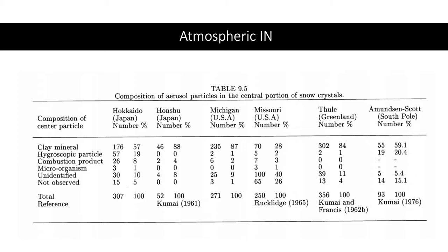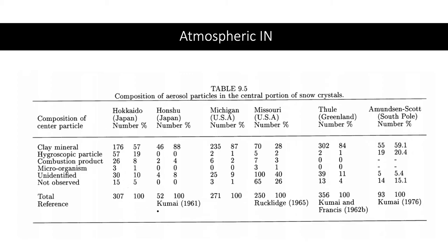Okay, so here I just wanted to show some numbers, to give you an idea of what contributes to the formation of ice nuclei. These are different regions in the world: Tula and Greenland, Missouri, Michigan. Here is the number that is being counted, and this is the percentage.